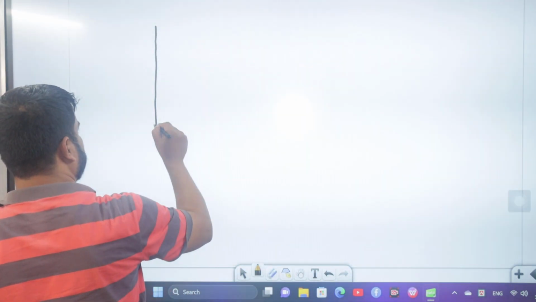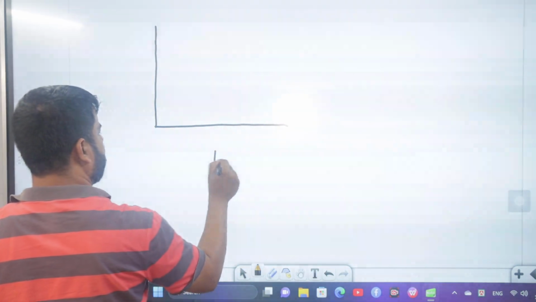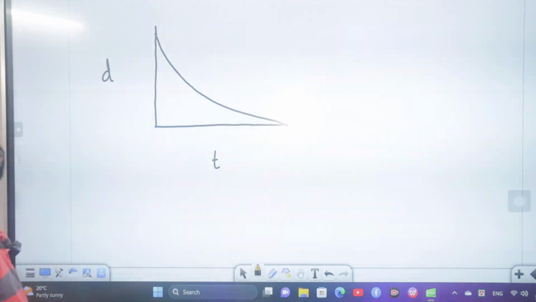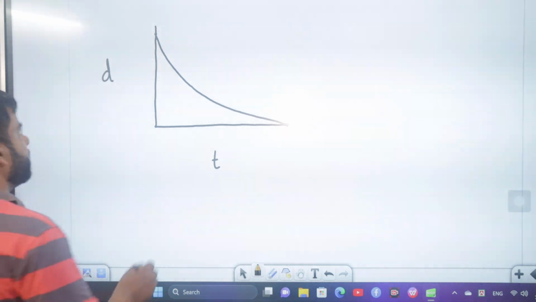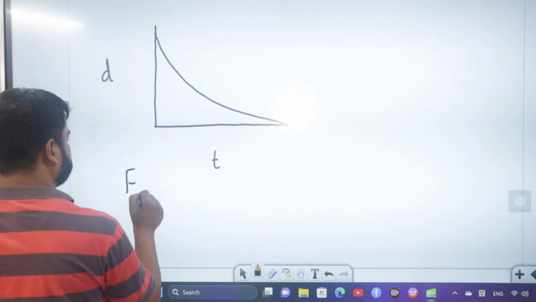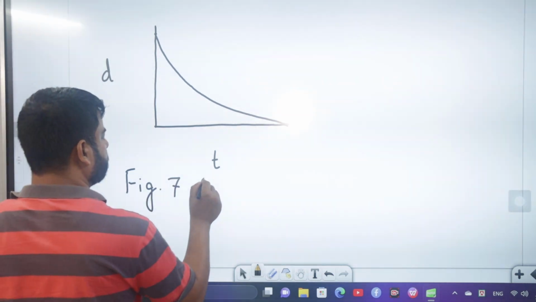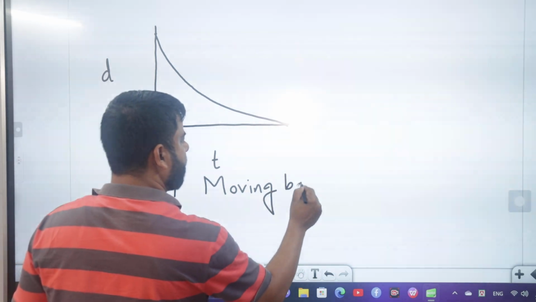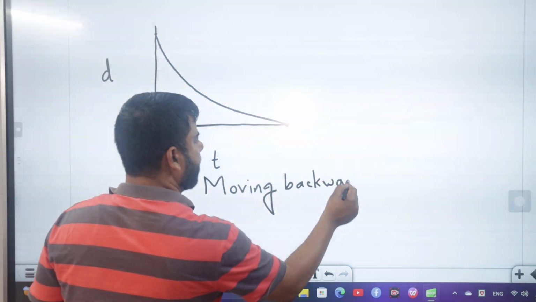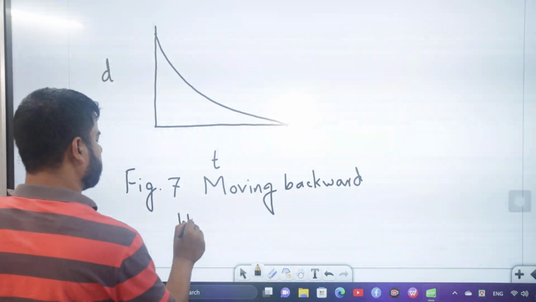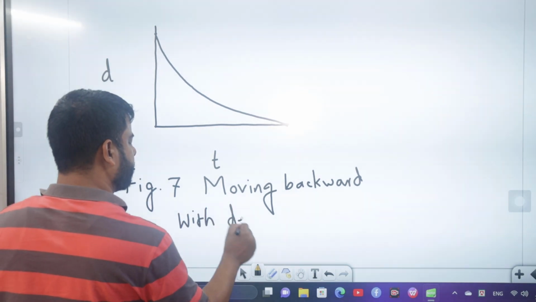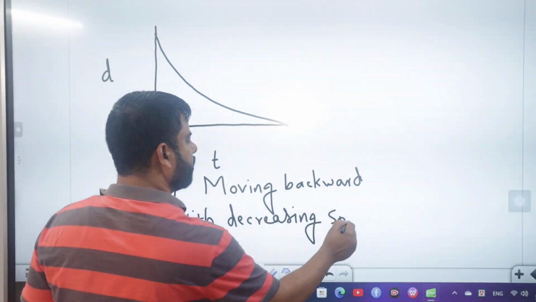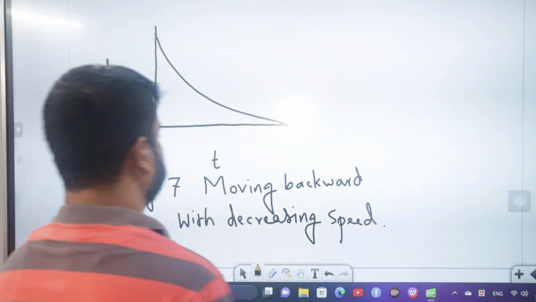Now if the distance time graph is curved like this, so moving backward with decreasing speed.